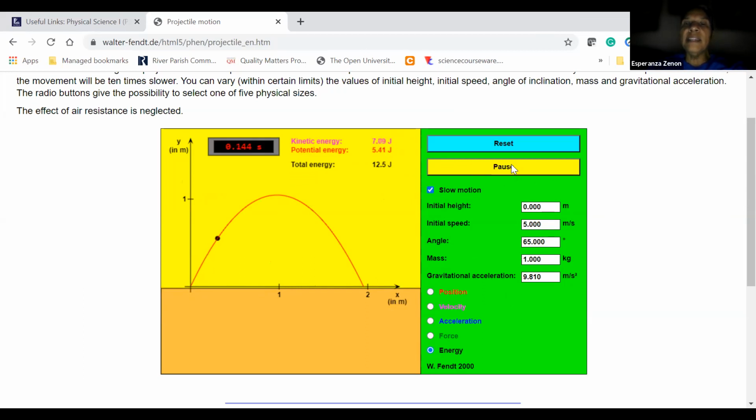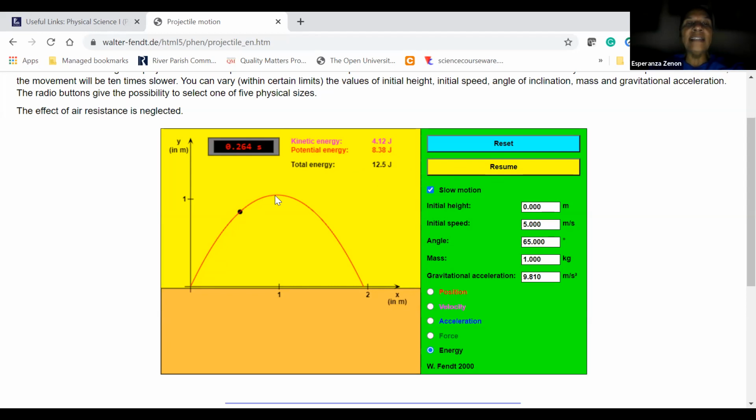And what you can see is that at any point along the motion, the kinetic and the potential energy always give you the same total. Sometimes you have more potential energy than kinetic. As the object rises, its height gets bigger, the potential energy will increase. It's storing up more energy.